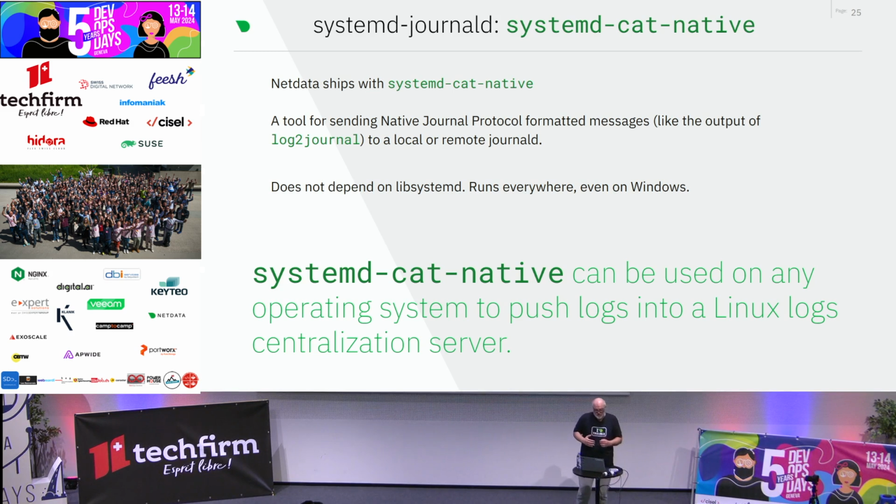So systemd-cat-native gets a stream of key value pairs where log entries are separated by an empty line, and then it can push this stream to a local systemd journal or to a remote one. So on FreeBSD, for example, you can have log2journal and systemd-cat-native streaming data to a central Linux log server that runs systemd.